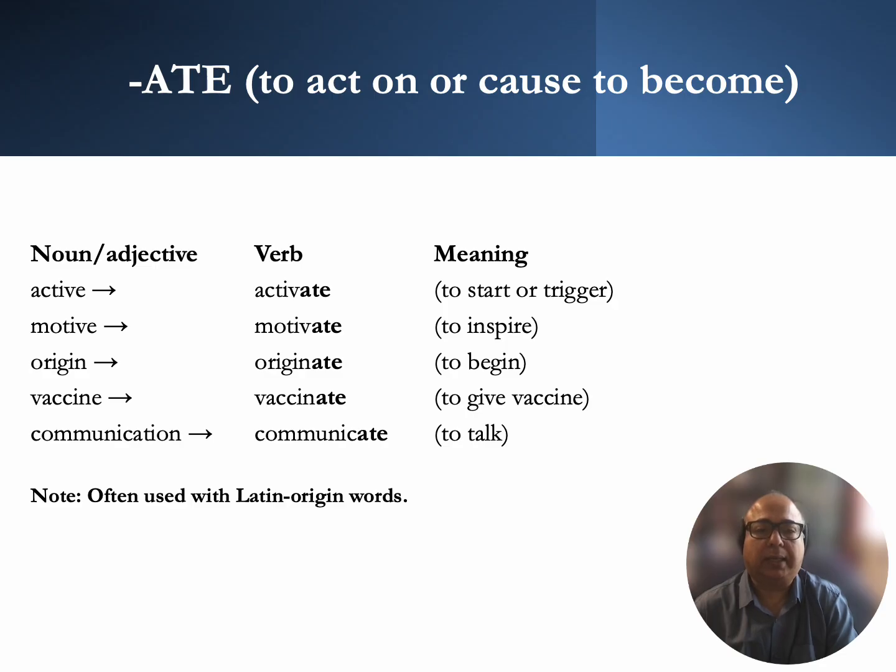You see, I have highlighted the verb suffix ate. And activate means to start, to trigger. Motivate means to inspire. As an English language professor, I motivate my students to learn well and work hard and become fluent in reading and writing in English.